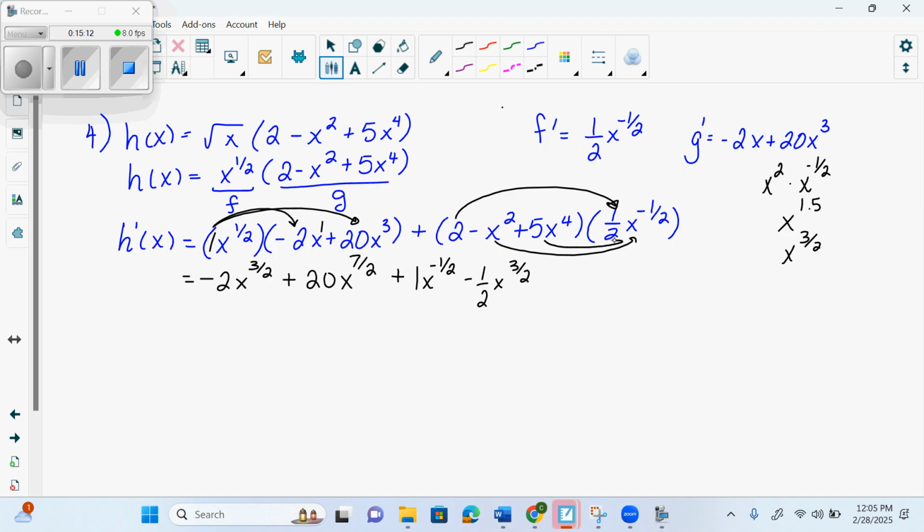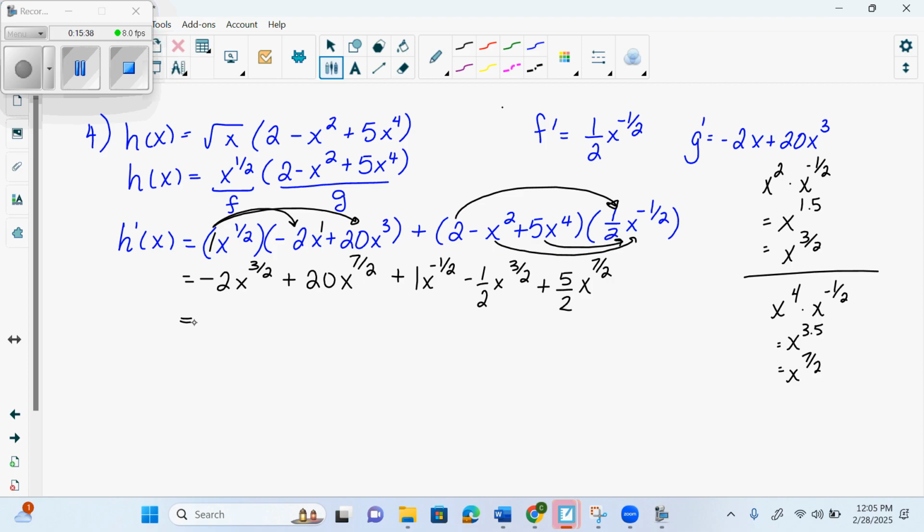And then 5 times a half is 5 halves, x to the 4. x to the 4 times x to the negative a half is 4 plus negative 0.5. So that's 3.5, which is x to the 7 halves. Okay, well, let's flip like this.